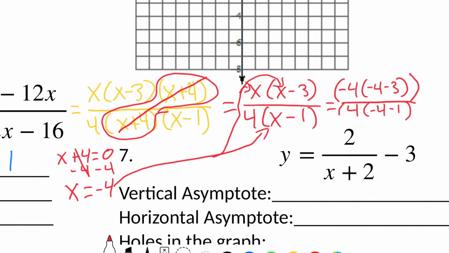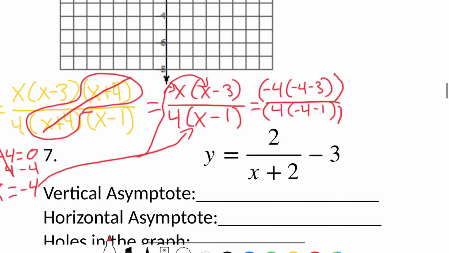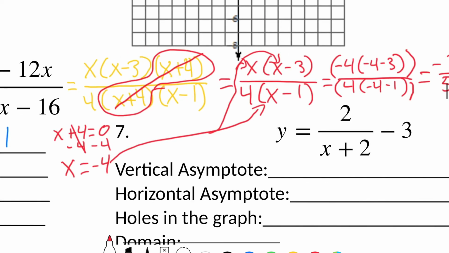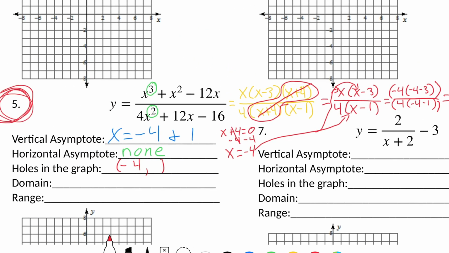Then divide, parentheses 4, parentheses negative 4 minus 1, close parentheses again to distinguish the end of the denominator. And we get negative 7 over 5. And that is going to be our y value.